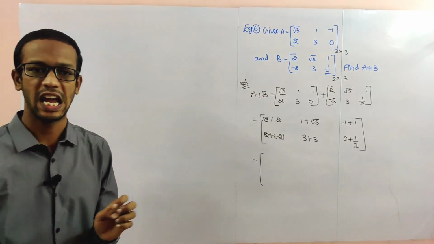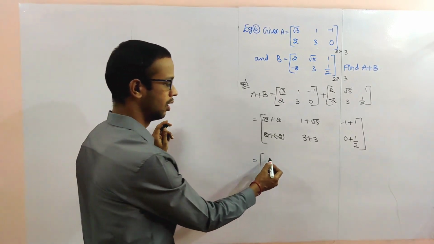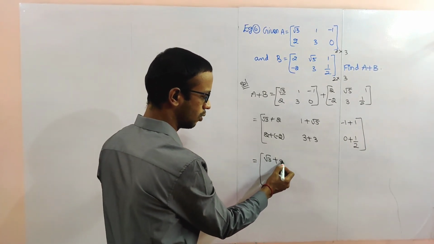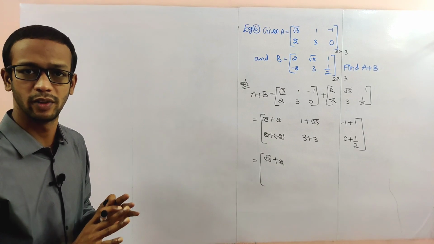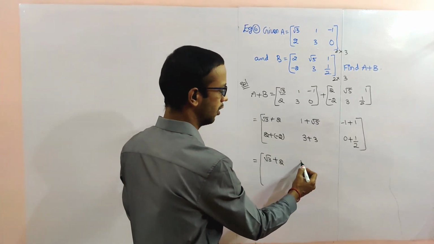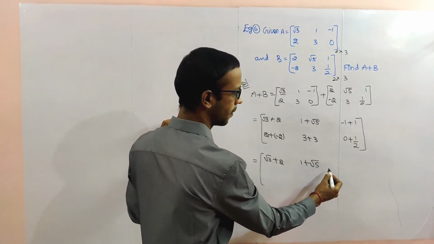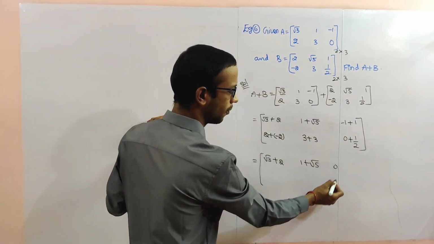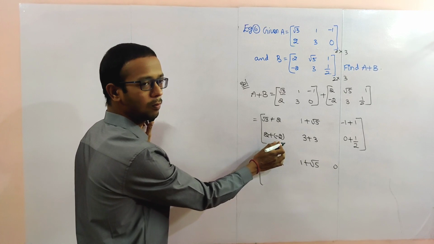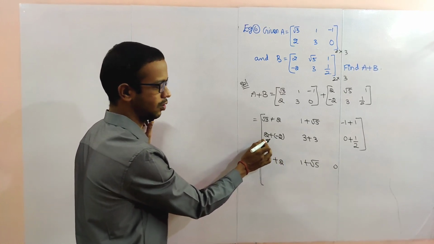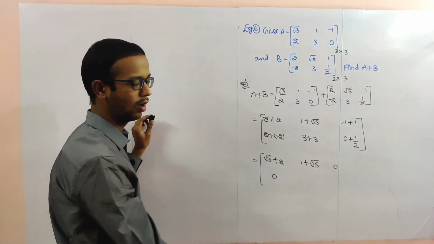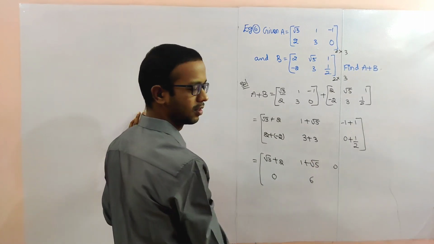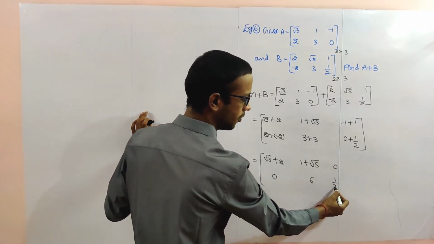So what total simplification will we get here? Root 3 plus 2, no need to simplify anything. Just 1 plus root 5. Minus 1 plus 1 is 0. 2 plus minus 2 is also 0. 3 plus 3 is 6. 0 plus 1 by 2 is 1 by 2.